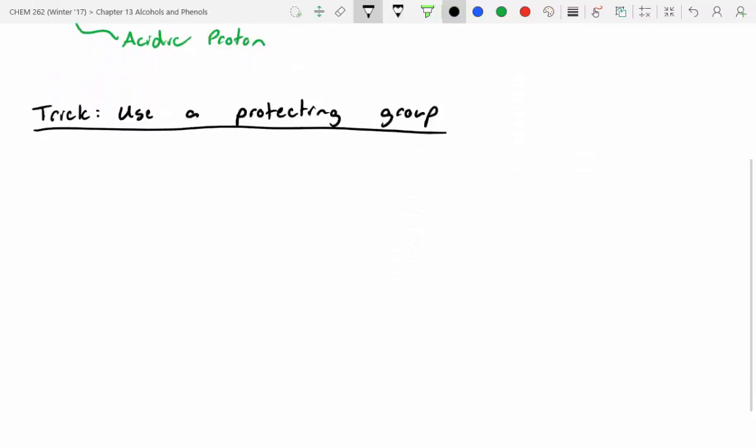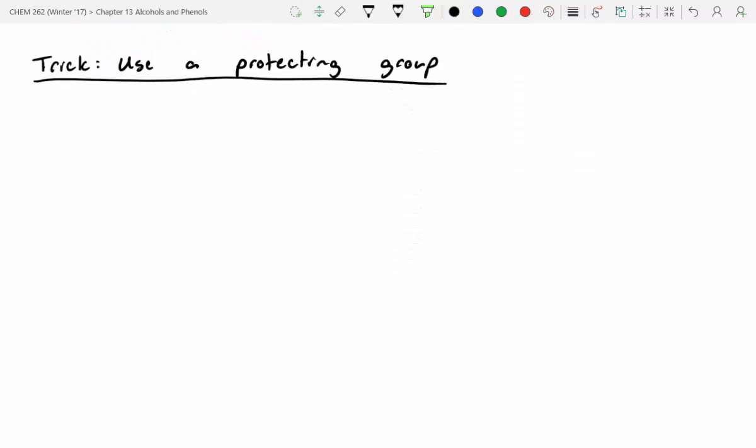So let's take a look at a really simple protecting group. Let's say I've got a simple alcohol, and I'm worried about this alcohol reacting with my Grignard reagent. What I can do is react it with a special type of silane. And I'm going to abbreviate this as methyls coming off there.